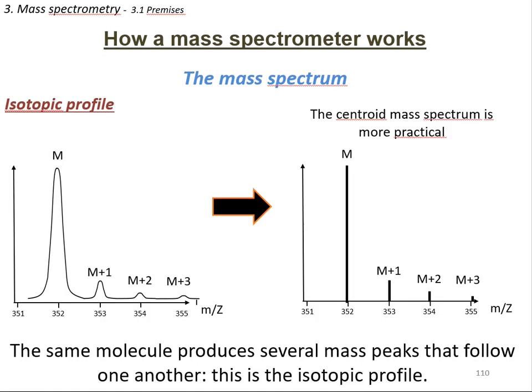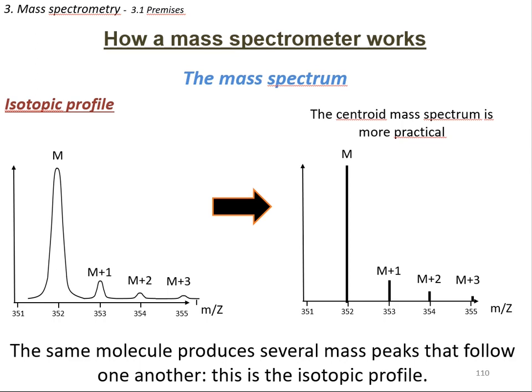In the mass spectrum, it's also critical to understand what is an isotopic profile. We saw that in nature, molecules will have different masses depending on the amount of heavy isotopes they contain. So there is 1% of C13 in nature.